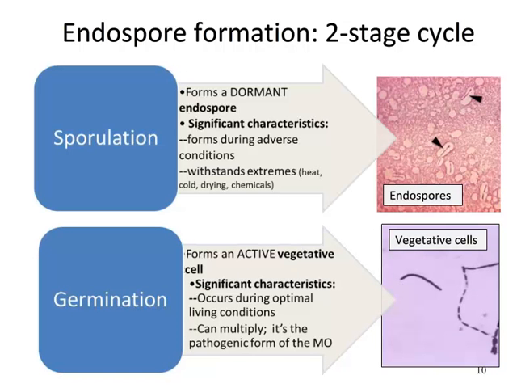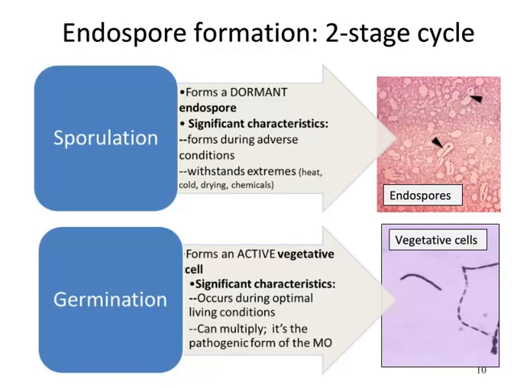Now let's look a little more closely at the germination process. During germination, an endospore becomes an active, vegetative, living, growing microorganism.